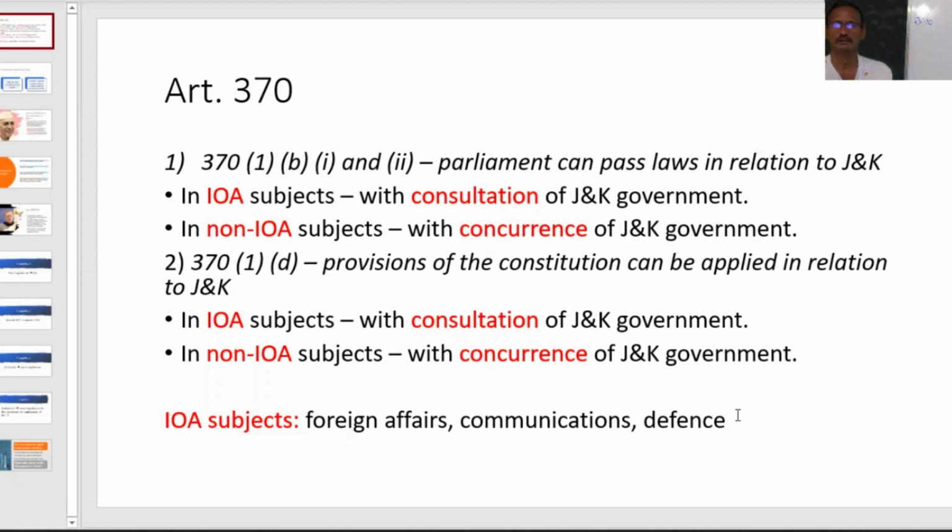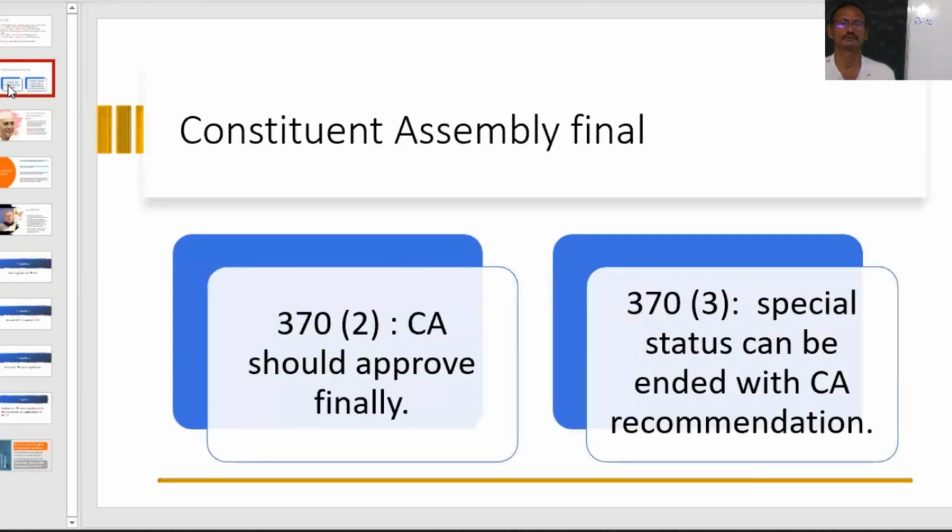But 370 says the Jammu and Kashmir government is not final. This is the finality. The Constituent Assembly of Jammu and Kashmir is final. 370(2) says the Constituent Assembly should finally approve what is approved by the Jammu and Kashmir government.